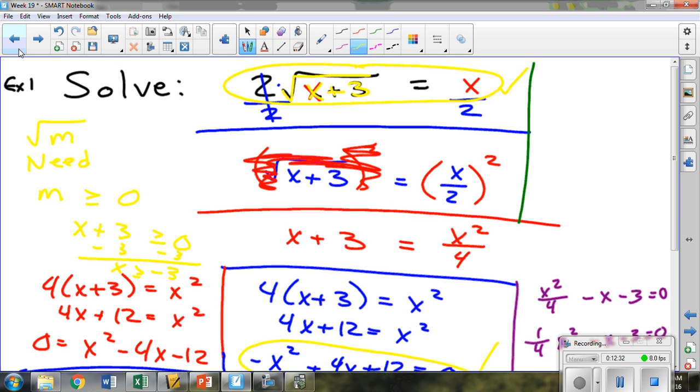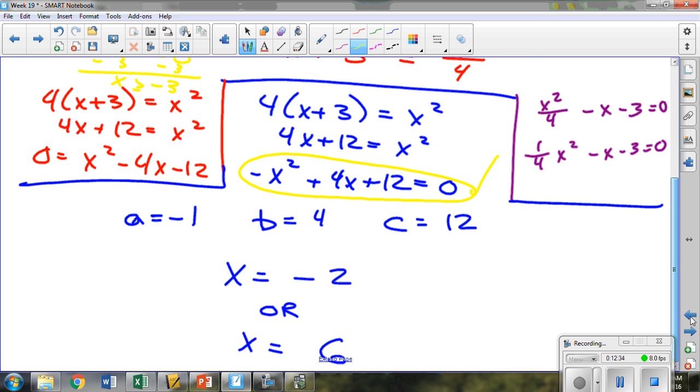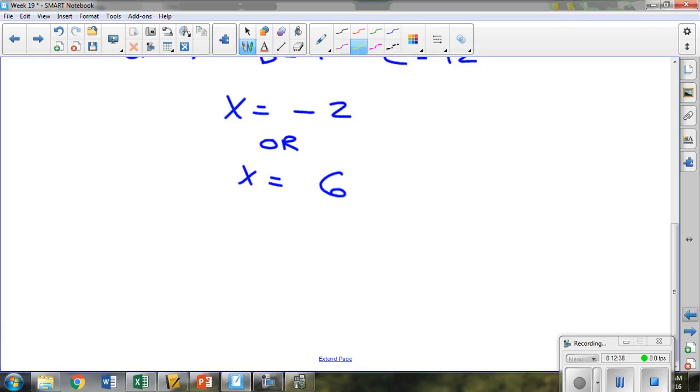What you need to do is determine which one actually works. Which one of these was valid? Maybe it's both. Maybe it's one of them. Maybe it's neither. Let's find out. We will have to plug these back in and find out.